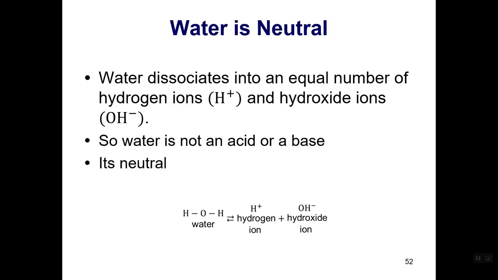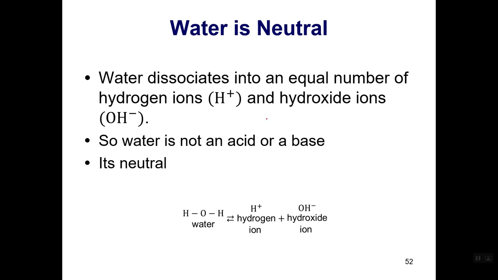Now, water, when it dissociates, does so in equal numbers of hydrogen and hydroxide ions. So here we have water, H2O. When it dissociates, when it comes apart, it will break into a hydrogen ion and a hydroxide ion. Because of that, it's not an acid or a base.